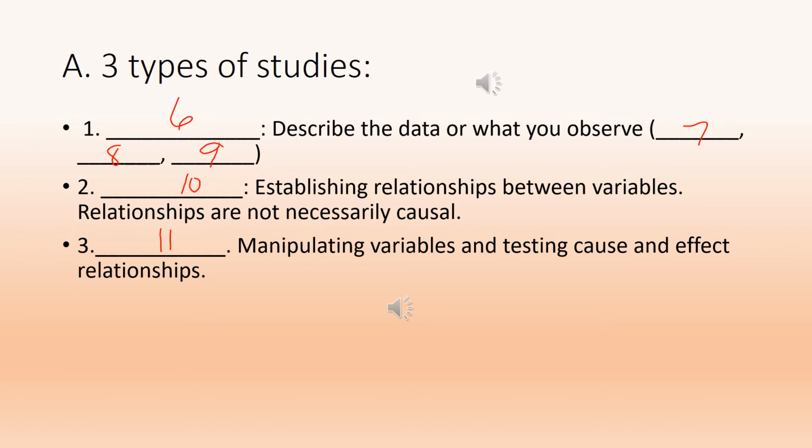Do they connect in some way? Does an increase in study time have some relationship to an increase in GPA? And 11, this is the only type of research method that shows cause and effect. You manipulate something to see the effect of it.